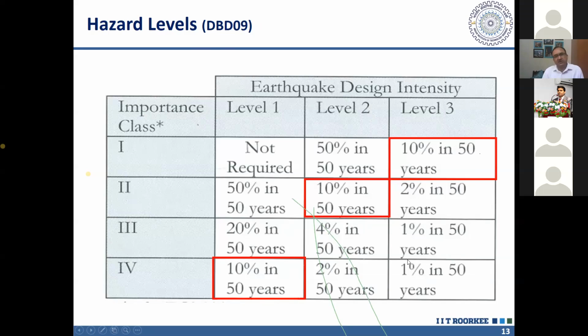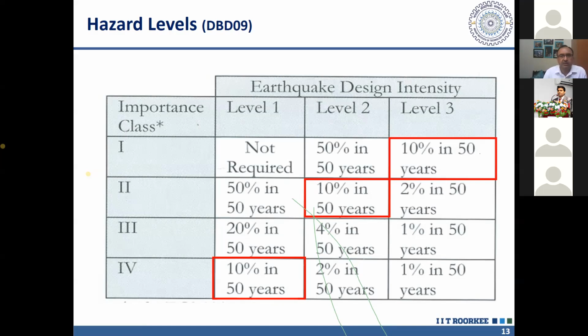So it's up to us, depending on our requirement, whatever we want to target, we can decide a level of earthquake. But that is to be decided in terms of probability of occurrence in certain years, generally the design life of the structure, or in terms of a return period.